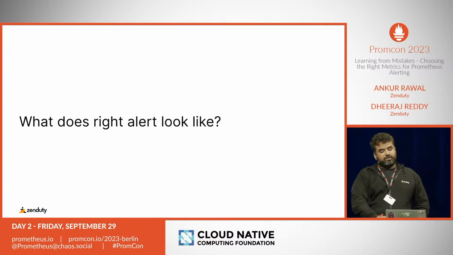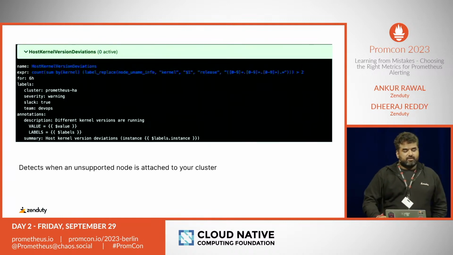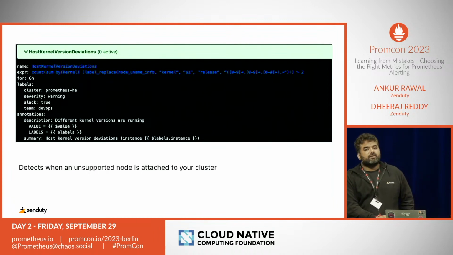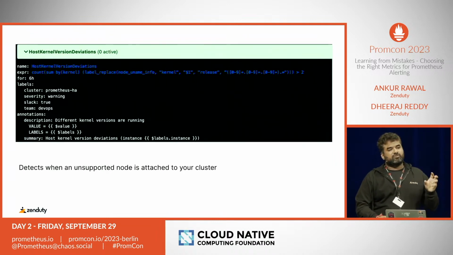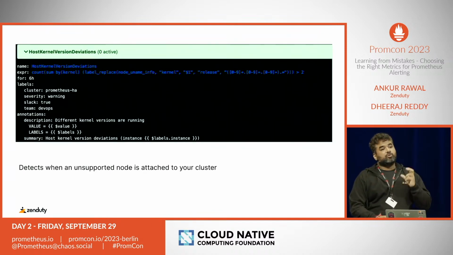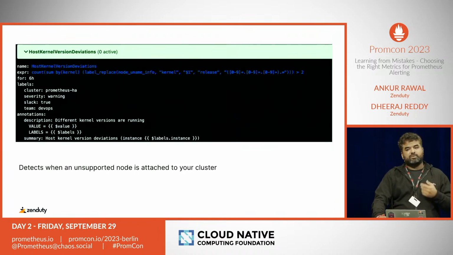I'll cover a few examples of what a right alert looks like. This is one example which we have seen. We need to keep track of our node versions at a kernel level. When people are setting up their nodes, they finalize what kernel version they're using, right? But when you set up node refresh, some people will set it at 2 weeks, 1 month, or maybe a quarterly refresh.